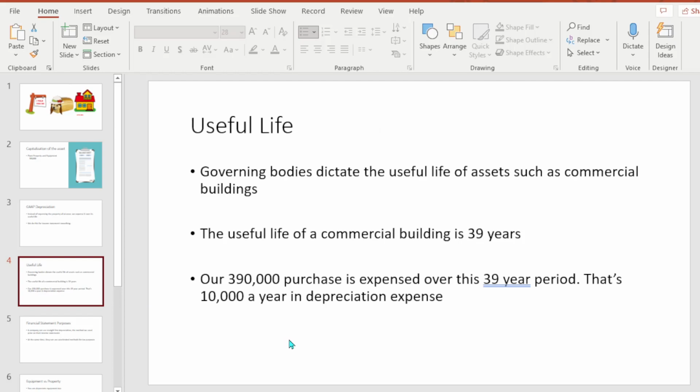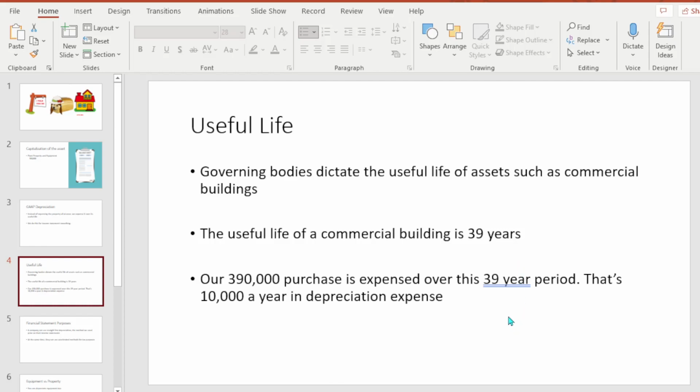So let's just talk about useful life for a bit. So a lot of different governing bodies, they dictate the useful life of assets, such as commercial buildings. So the useful life of a commercial building is about 39 years. So in this example here, I very specifically used 390,000 because the commercial building has a useful life of 39 years. So this makes for a very easy calculation.